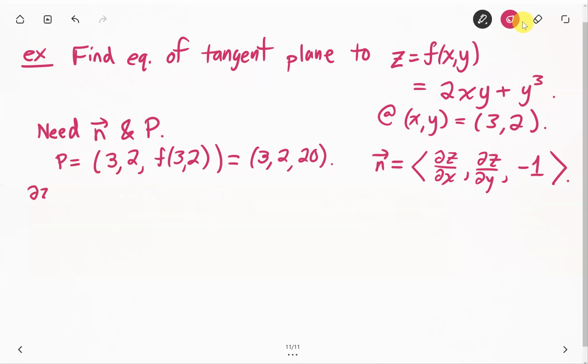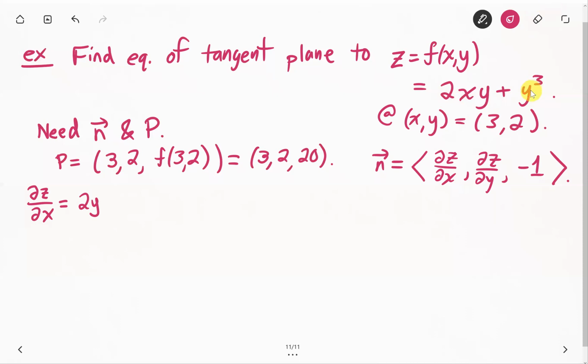First, dz/dx. Here x is the variable and y is a constant. So first we have 2xy. Again, y is a constant, so this is a constant times x, and the derivative of a constant times x is that constant.